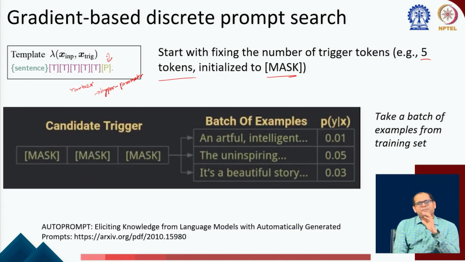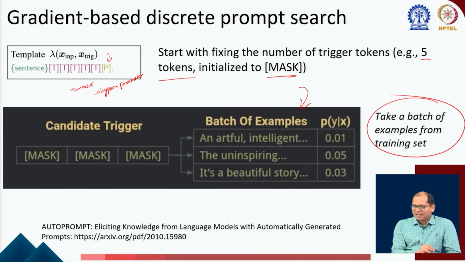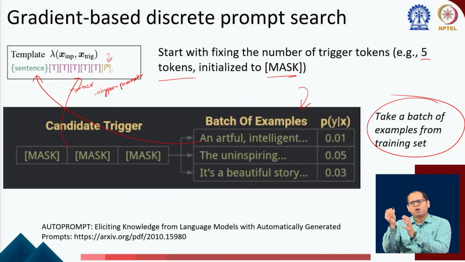I started with all masks, and then from my training data, I'll take a batch of examples, the inputs that I will use. I'll pass each example: I'll put the sentence and the triggers, and using the mask token I'll get the probability for positive and negative, assuming you already know your label tokens. We'll come to that.